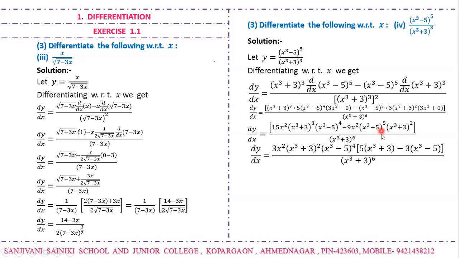These terms are remaining. So simplify these terms, multiply them and simplify. You get 5x³ plus 15 minus 3x³ plus 15. So 5x³ minus 3x³ is 2x³. They will not cancel each other. Their addition is 2x³, and 15 plus 15 you get 30.